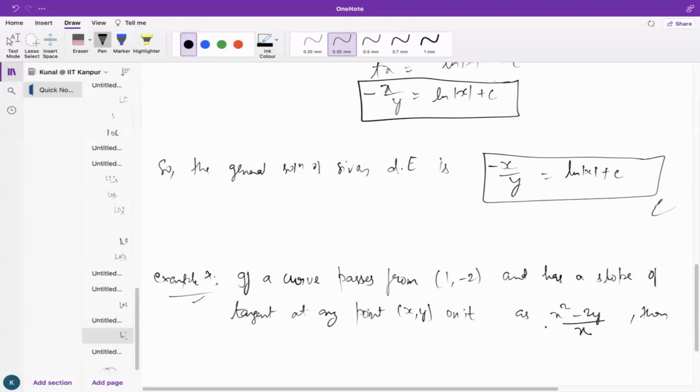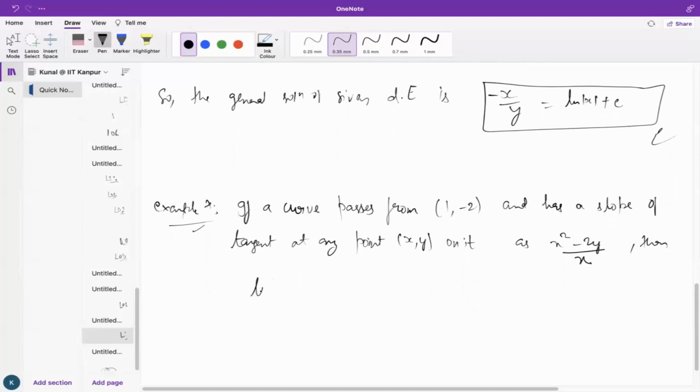You have to actually find the equation of the curve.